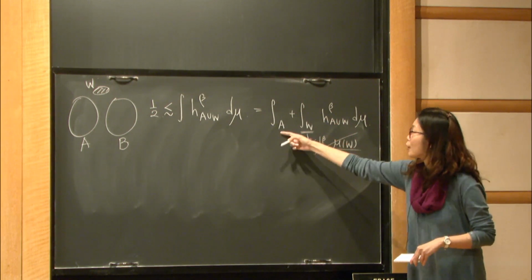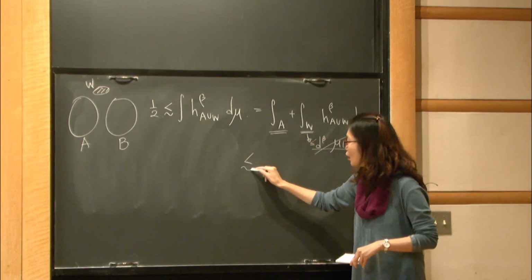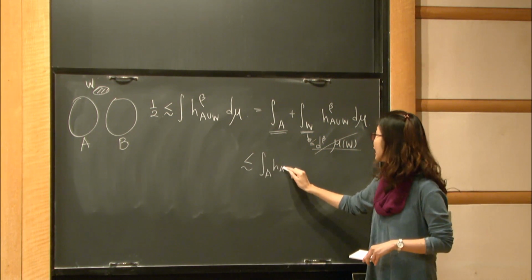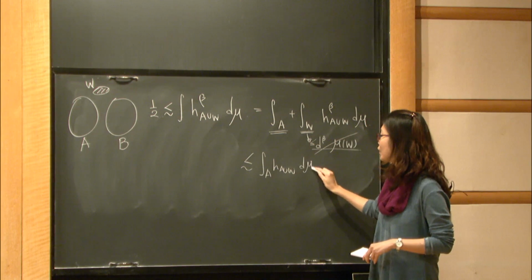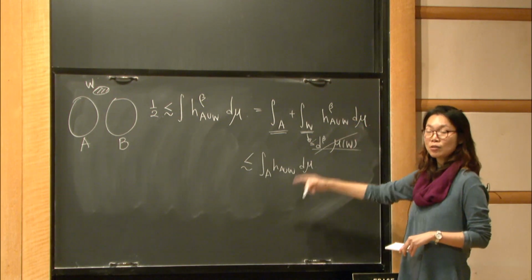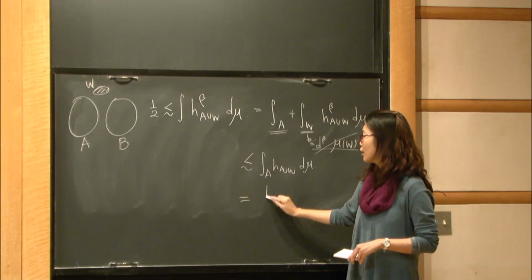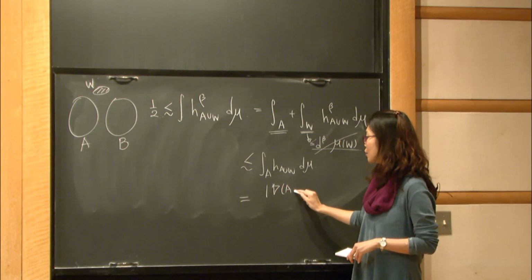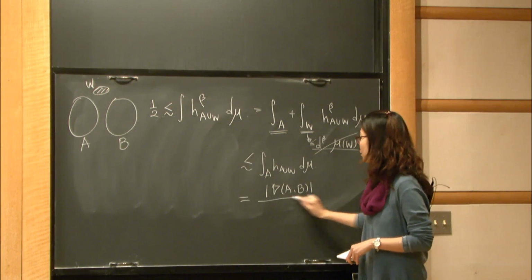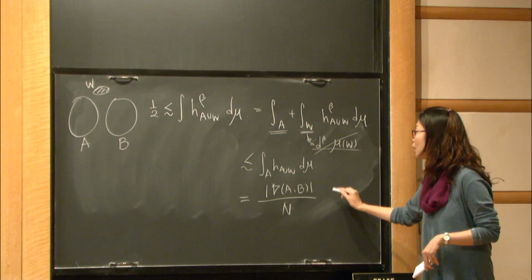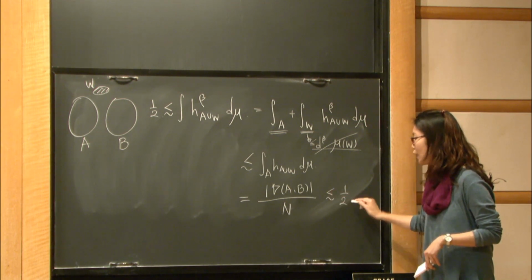And for this part, this is almost at most the integral over A of h of A union W d mu. I just ignored beta. This is an upper bound. And this is nabla AB divided by n, which by assumption is at most a half.